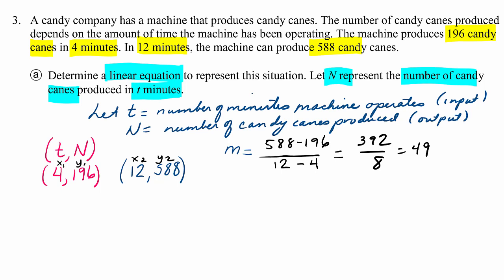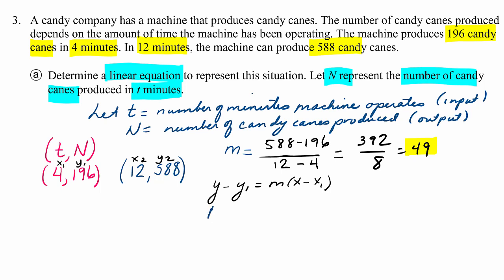Now, what's the equation of the line? Well, let's use our point-slope form again, which you remember is y minus y1 equals m times x minus x1. And we get to use either ordered pair. Let's go ahead and use the one with the smaller numbers, and we'll use our new slope that we just found. But instead of y and x, I'm going to write n and t.